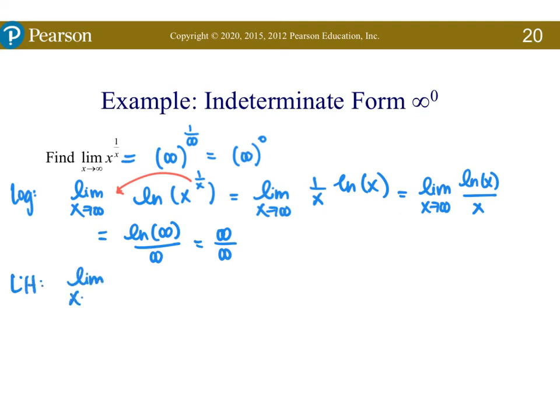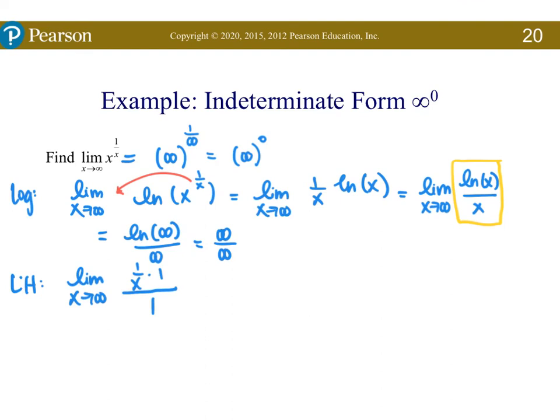So the limit notation, and I'm going to apply L'Hopital to the quotient here. So that's this term. So the derivative of the numerator is 1 over x times the natural log of e times the chain rule, which is 1, and the denominator, which is 1.